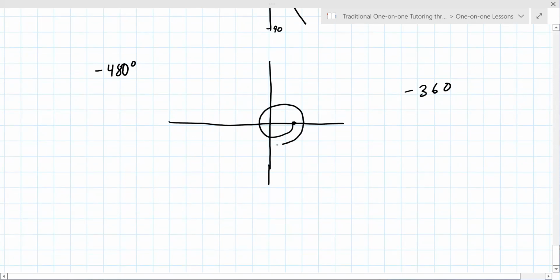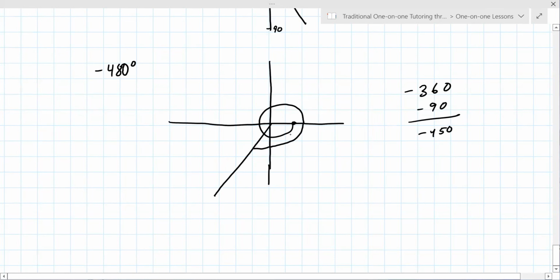If I go to this vertical, that's another 90. So we're up to minus 450, but we got to keep going. We need to go 30 more degrees. So that's about right there. So one revolution, 360, 90, and then a little more.